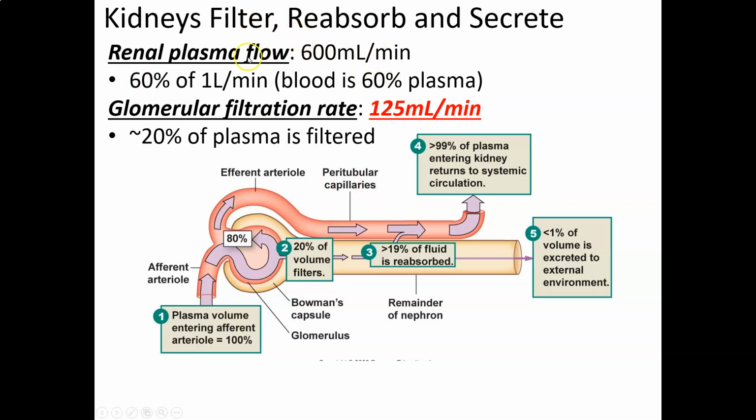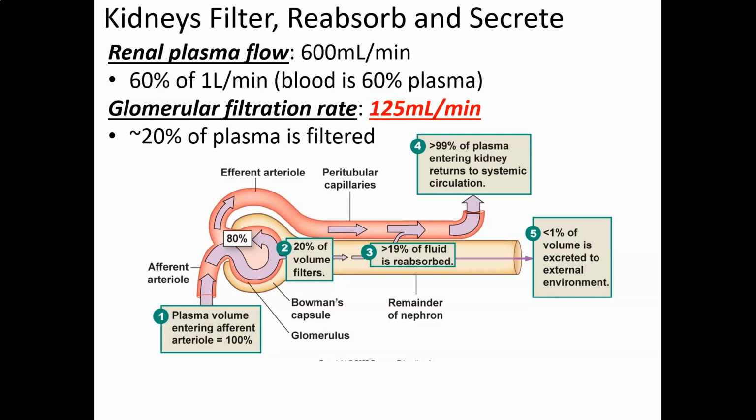cardiac output of a human at rest is about 5 to 5.5 liters. And of that 5 to 5.5 liters, about a liter a minute goes to your kidneys. And so when we look at your renal plasma flow, right, it's about 600 mL per minute to the kidney, because 1 liter a minute is 1,000 mL, right?